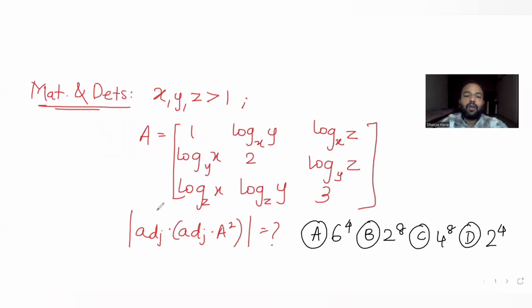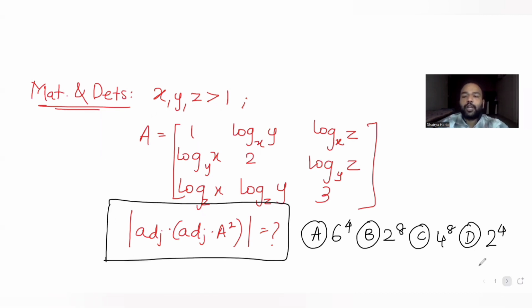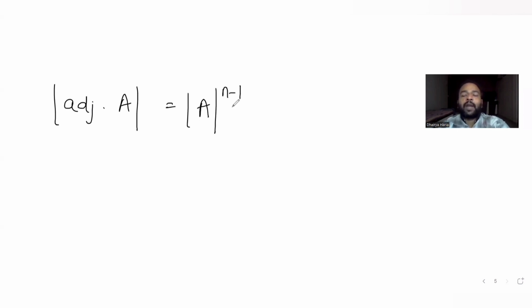Now let's try to find whatever we have been asked for. We are asked to find the determinant of adjoint of A squared. We already know the determinant of adjoint of A is given by determinant of A raised to n minus 1, where n is nothing but the order of the matrix.